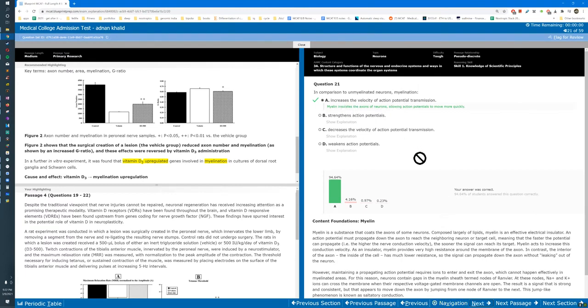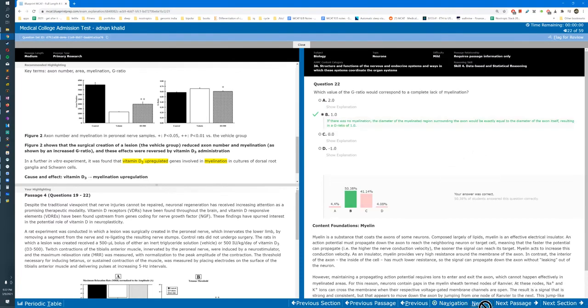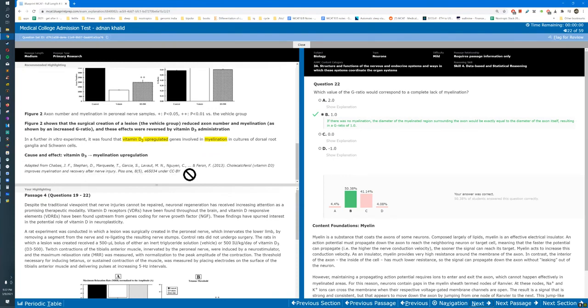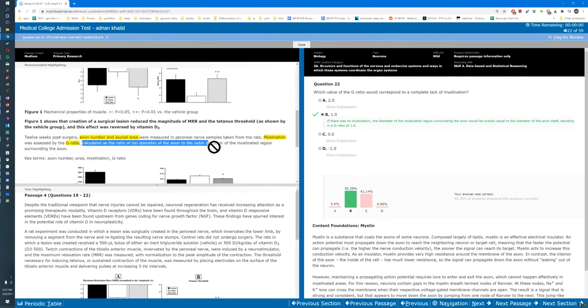Unmyelinated axons are 0.5 to 10 meters per second, and myelinated ones are like 150. G ratio to complete lack of myelination. Again, you would get this wrong if you messed up the G ratio thing, because it's an inverse kind of proportion.